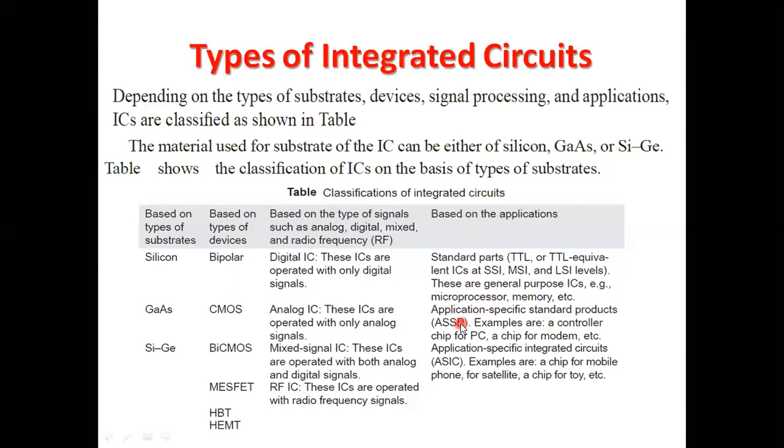The examples include a controller chip for PC, a chip for modem, etc. Next is the application specific integrated circuit, that is the ASIC. Examples are a chip for mobile phone, for satellite, a chip for toy, etc. Now let us move to the next slide.